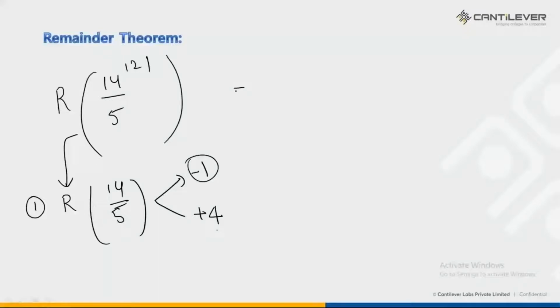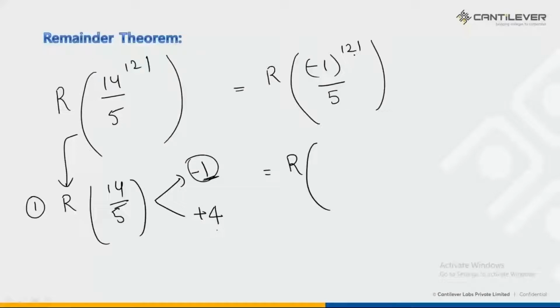So that's what I'm doing here. This will be the remainder when I'm replacing it with the negative remainder, in the first case. So the remainder when minus 1 whole to the power of 121 is divided by 5. Now this is equal to the remainder when, see, negative number power odd. See, minus 1 cube is minus 1, right?